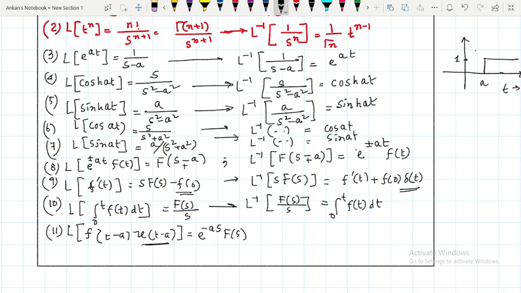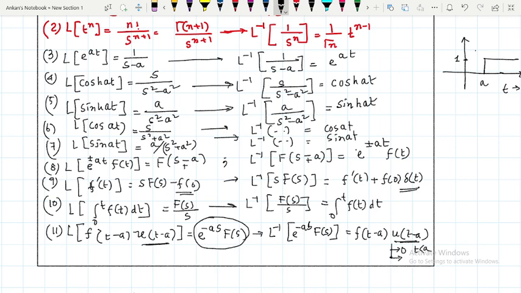In that case the Laplace transform becomes this. So the inverse of e^(-as) F(s) becomes f(t minus a) u(t minus a). Again you have to think that its value is 0 for t less than a, 1 for t greater than or equal to a.